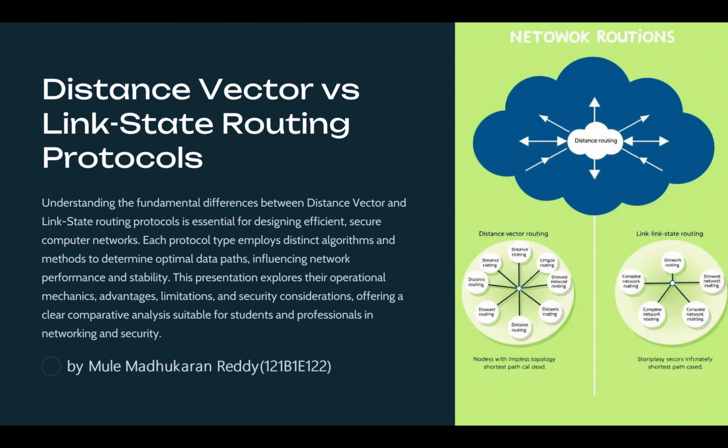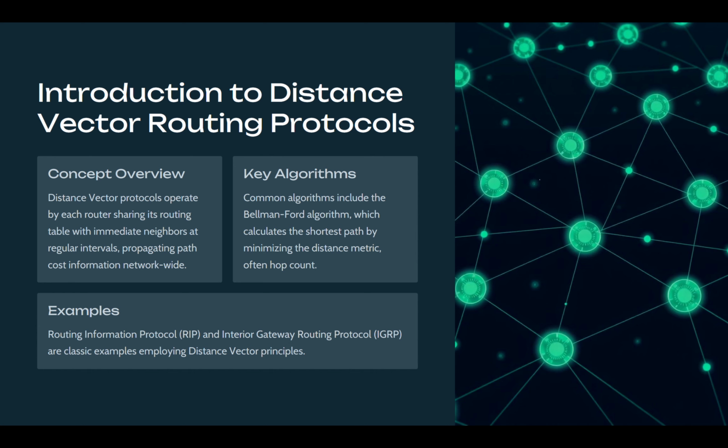So if we look at distance vector routing protocols, the concept is that distance vector protocols operate by each router sharing its routing table with immediate neighbors at regular intervals, propagating path cost information network wide. The common algorithm we see is the Bellman-Ford algorithm, which calculates the shortest path by minimizing the distance metric, often the hop count of the data.